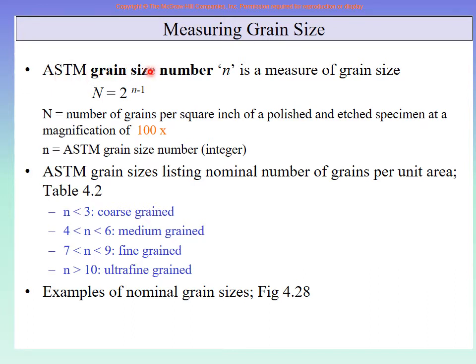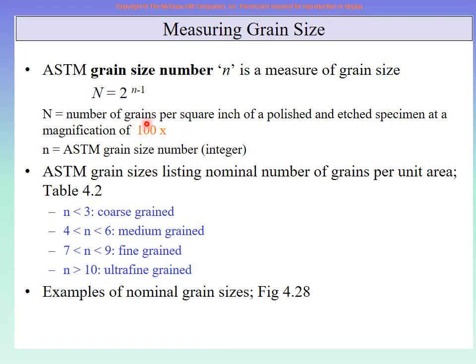ASTM defines something called a grain size number, a small n, grain size number. It is a measure of the grain size of the material. So capital N is 2 raised to n minus 1, where capital N is the number of grains per square inch when we have done the microscopy at 100 magnification.